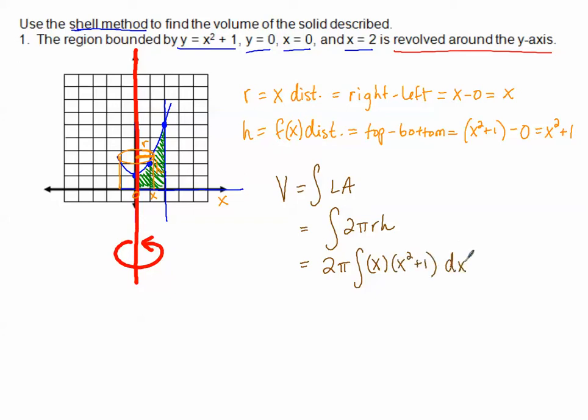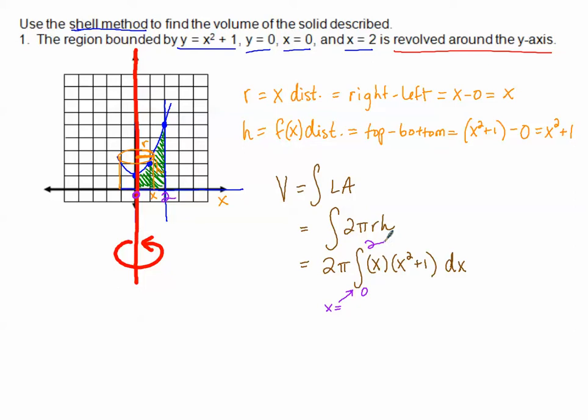Now, for my limits, if I'm using x's, my limits will be x as well. So these limits have to be x coordinates. So the shaded region is what I look at. From x being 0 to x being 2 is where this region goes, 0 to 2.